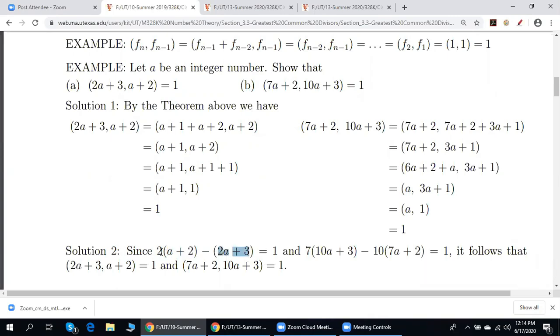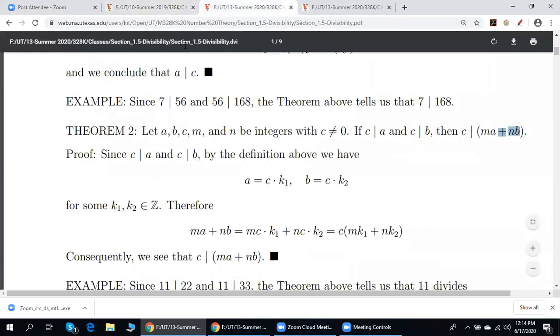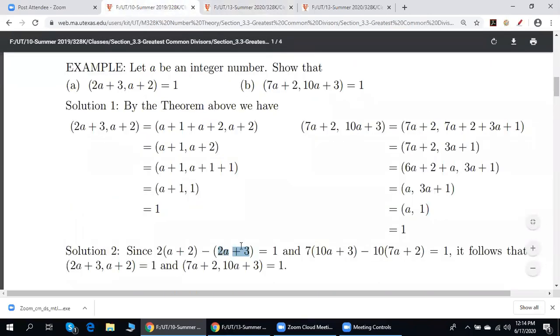But since d divides both, by Theorem 2 from section 1.5, d divides any integer linear combination of them. What we see on the left is an integer linear combination of this and this.